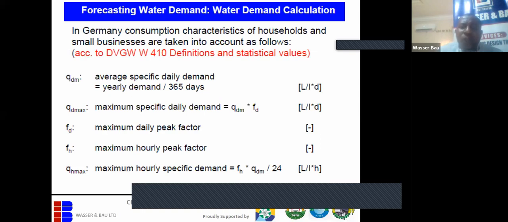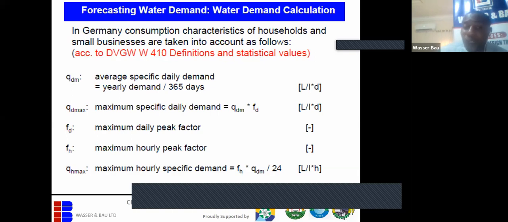So you must take care of all these forecasting parameters. Then here you also look at the average. You can talk about the consumption characteristics of households and small businesses in terms of their yearly and their maximum. If you have what we call the average specific daily demand, which is about between 100 and 150, then when you multiply it by the safety factor, it becomes the maximum specific daily demand.